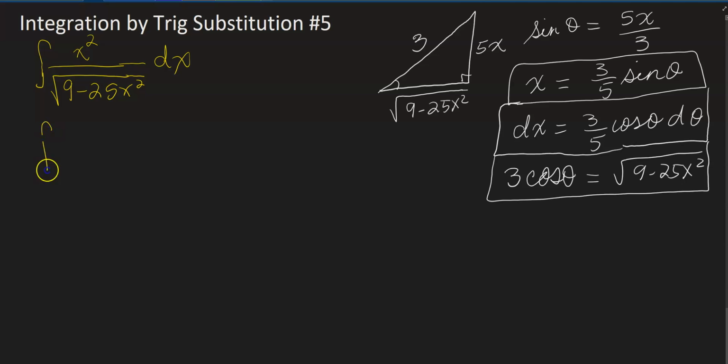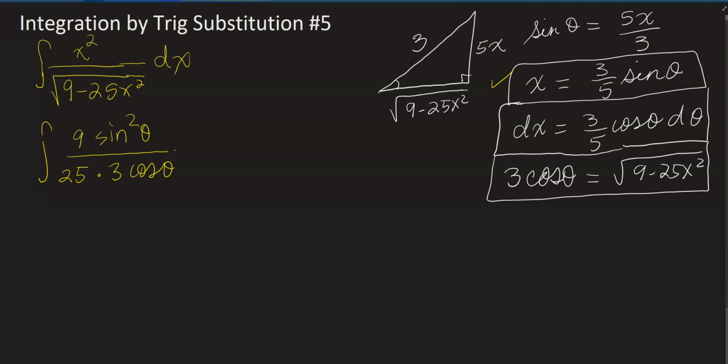So let's go back to our problem and plug everything in, right? So first x squared, so I know that I have to square this one. That would be 9 over 25 sine squared theta. Okay, and the denominator would be 3 cosine theta.